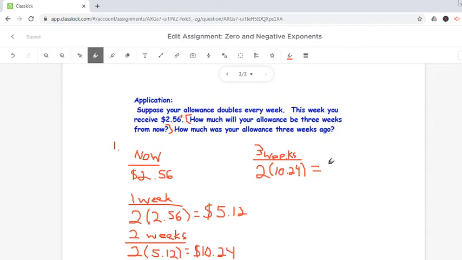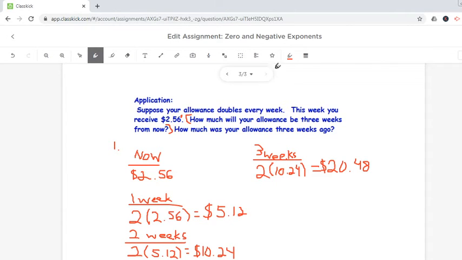And that equals $20.48. So, how much will your allowance be 3 weeks from now? $20.48.